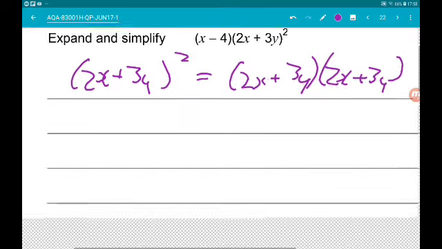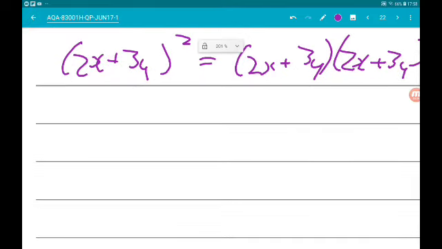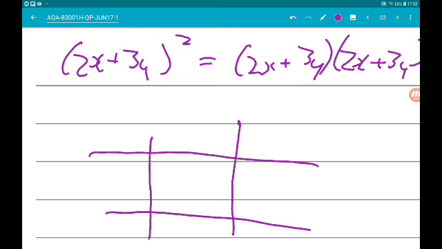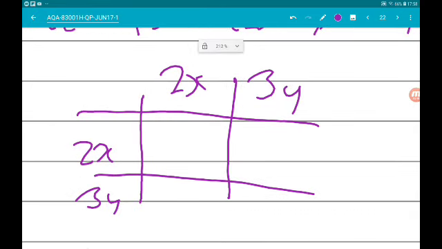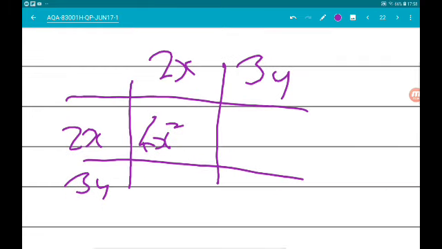Now given that it's a bit of a mental one, it might help to use a table. So we're going to put 2x, 3y, 2x, 3y. 2x times 2x is 4x squared. 2x times 3y is 6xy. Exactly the same down here. And then 3y times 3y is 9y squared.